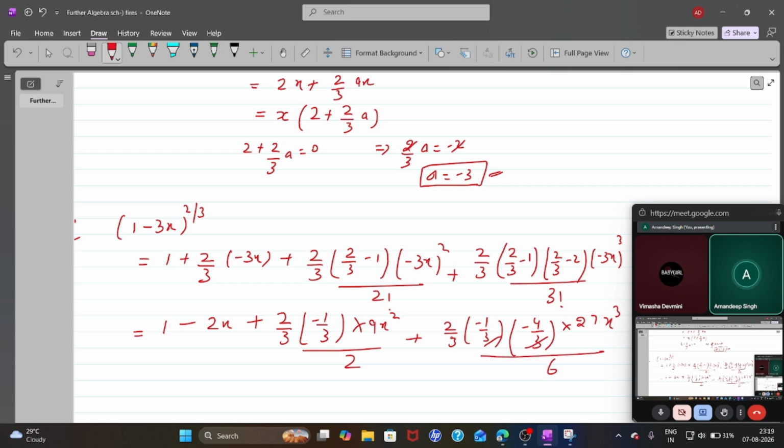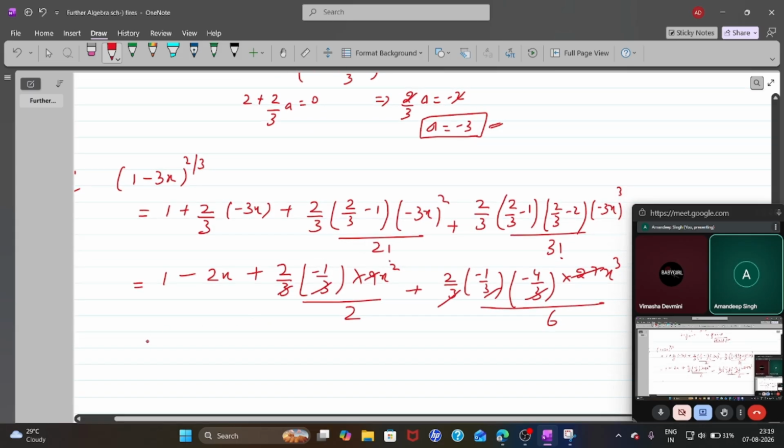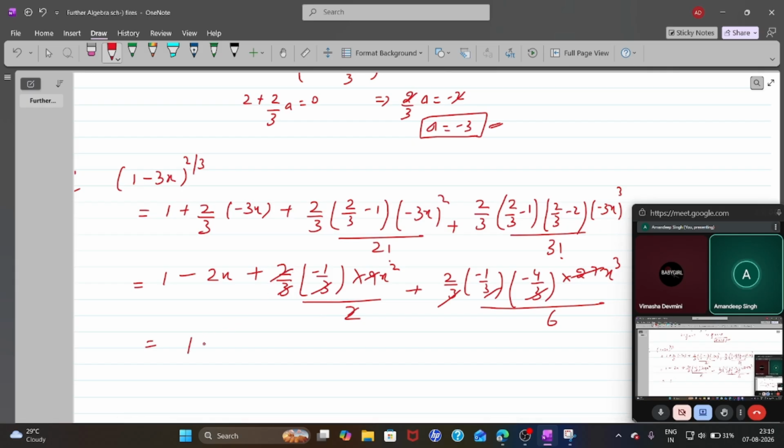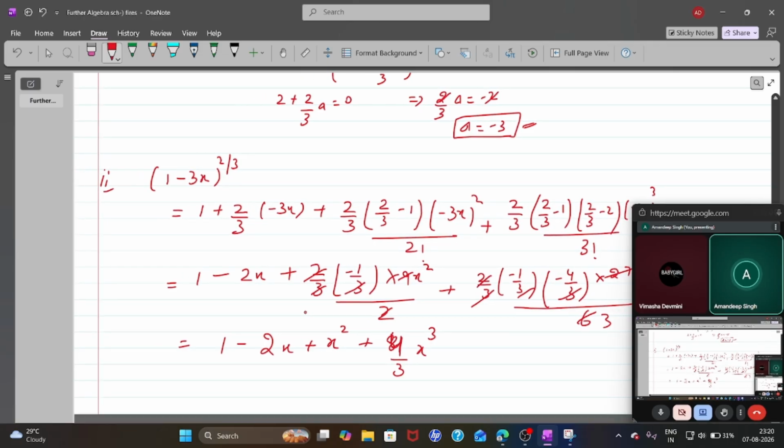So 3 will become 27. So all these 3 are cancelled by 9 and 27. So 2 and 2 will get cancelled. So it is 1 minus 2x plus x square, and it is plus 8. So 2 3 is the 6. So it is plus 4 by 3, right? Plus 4 by 3 x cube.